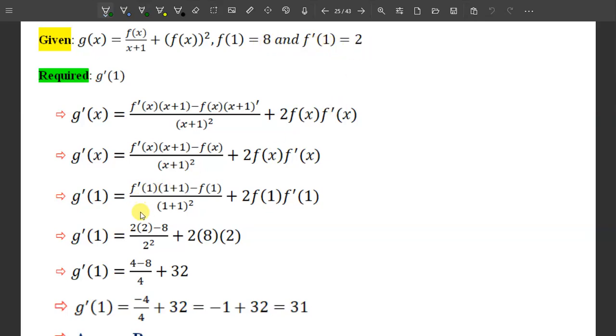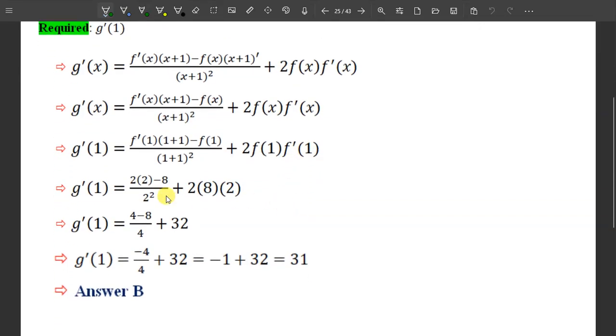Then we have 2 times 2, since f prime of 1 is 2 and 1 plus 1 is also 2, minus f of 1, which is 8, over 1 plus 1 the whole square, which is 2 squared, plus 2 times 8 times f prime of 1, which is 2. 2 times 8 times 2 is 32, and then 4 minus 8 is minus 4, over 4, since 2 squared is 4.